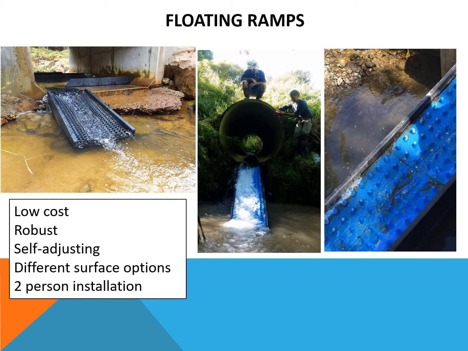You'll see on the left-hand photograph there is a piece of conveyor belt rubber used as a hinge, and the bottom end just floats in the plunge pool and goes up and down depending on the water levels. The photo on the right shows a small elver, almost 200 millimeters long, making its way up a ramp after installation. We use either half ramps or full ramps depending on the amount of drop.